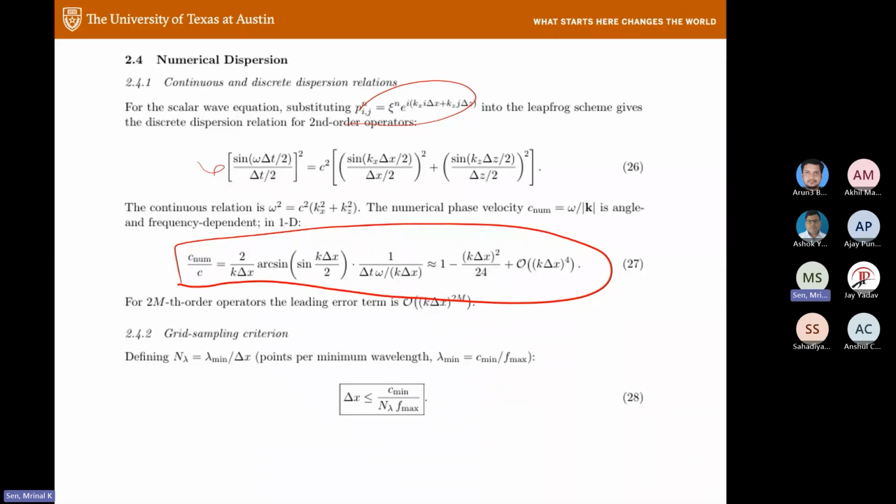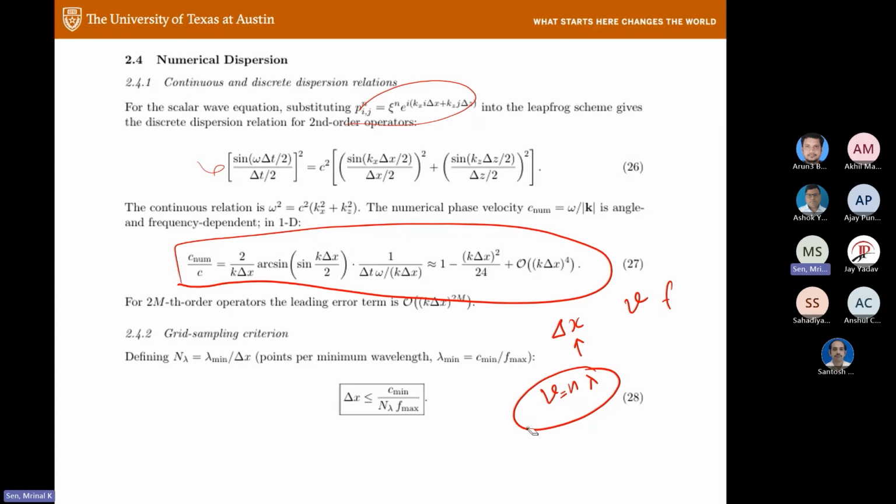The delta x or delta z we choose for discretization of the model depends on two factors: the velocity and the frequency. Why? Because this is dictated by the wavelength. Everybody has seen v equals f times lambda.